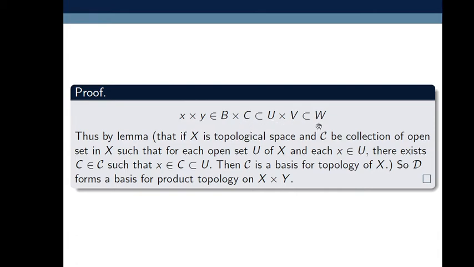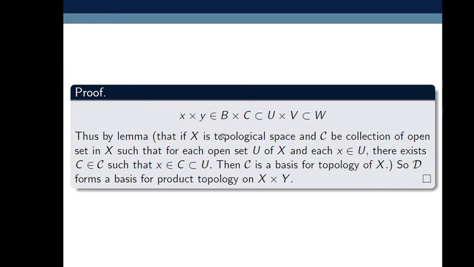Thus by the lemma, what was the lemma? If X is a topological space and script C is a collection of open sets in X such that for each open set U of X and each x belonging to U, there exists C belonging to script C such that x belongs to C, which is contained in U, then script C is a basis for the topology of X. So here our X means X times Y, and C is a basis element of script C. Here we have the basis element B times C of script B cross script C. This basis element is of what?